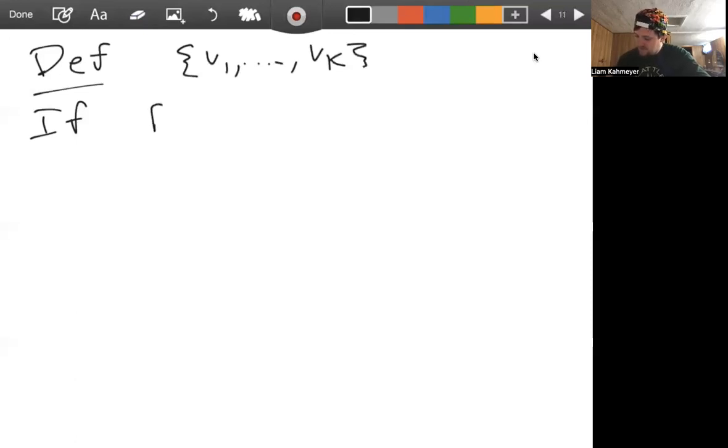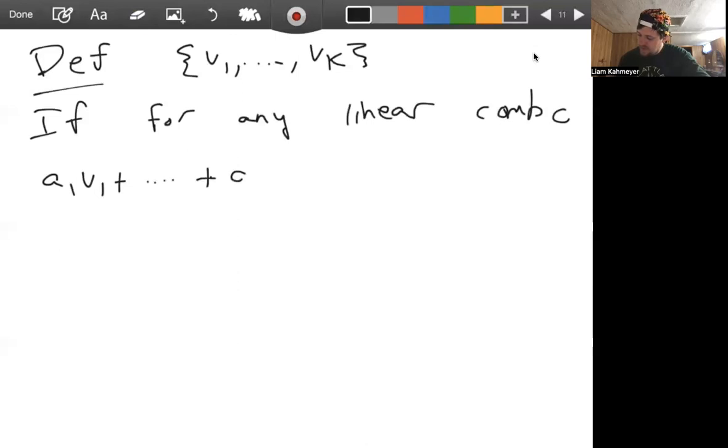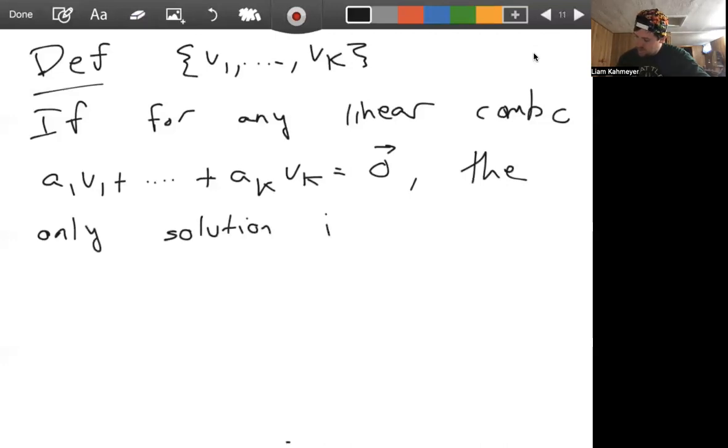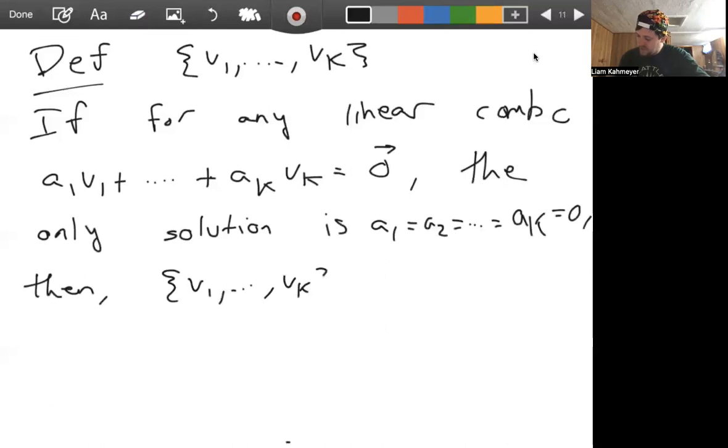If for any linear combination A1 V1 plus, et cetera, plus Ak Vk that results in the 0 vector, the only solution is A1 equals A2 equals, et cetera, equals Ak equals 0, then the set V1 through Vk is linearly independent.